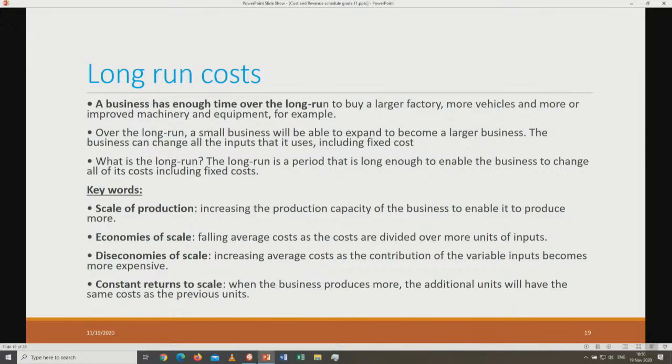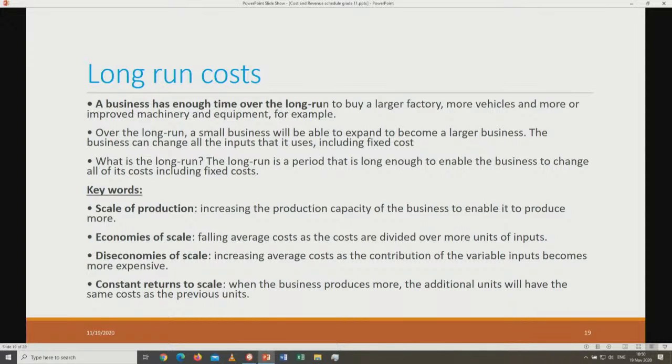For example, over the long run, a small business will be able to expand, because normally in the short term, when they make a lot of revenue, they would want to expand their businesses for later. Anyway, you don't plan to remain a small business forever. Your business must expand over the long run. So that's an acceptable business concept.